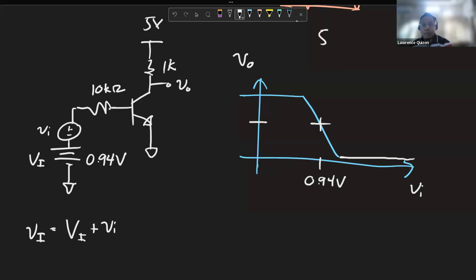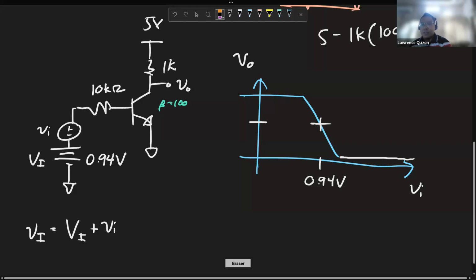We have 5 minus 1K times beta, which is 100. So let's just note that down here. 100 times, well, sige, 100 IB na lang muna.